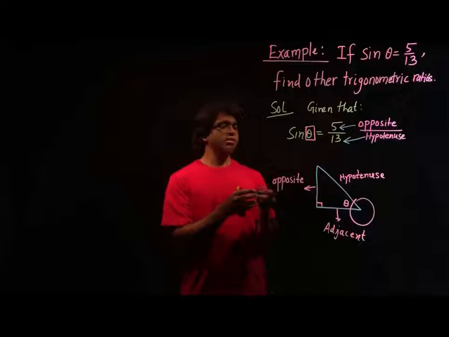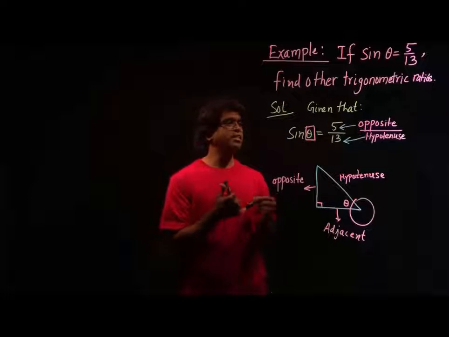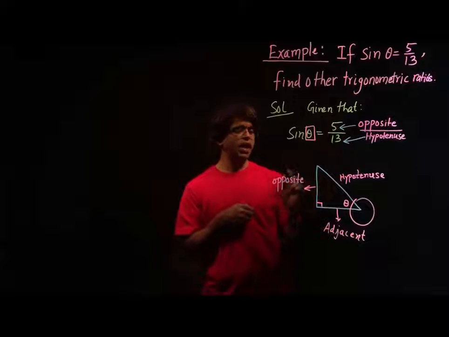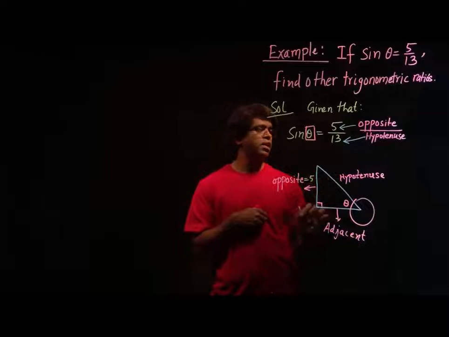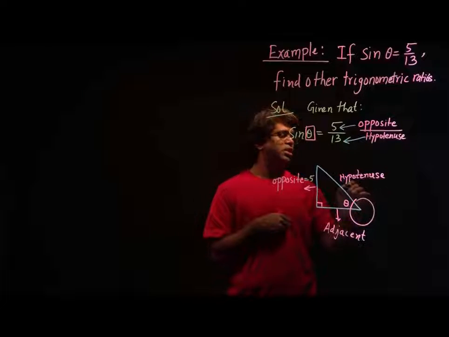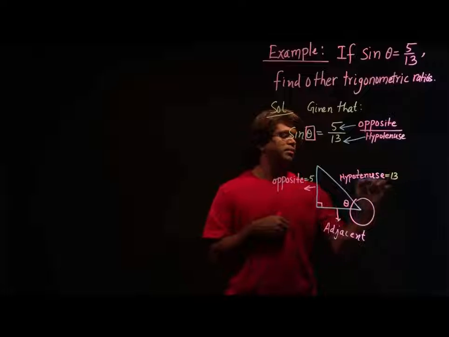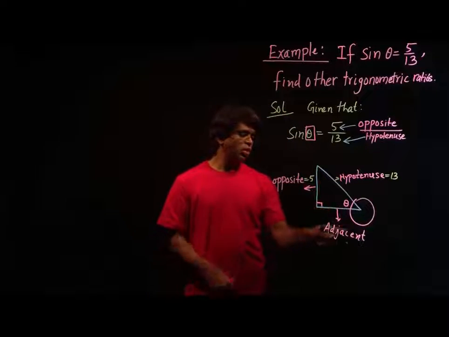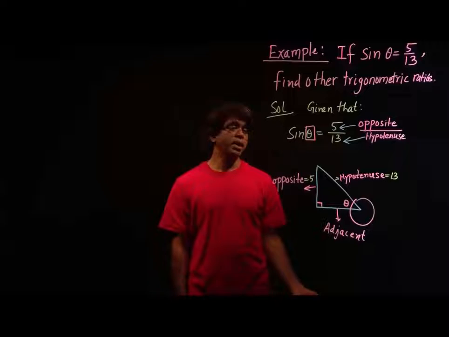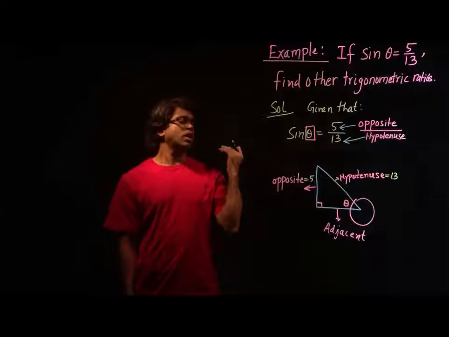Now let's see what is given in the question. Opposite is given as 5 units, and my hypotenuse is 13, so this side right here is 13. Now we don't know what adjacent is, but we know the Pythagorean theorem.